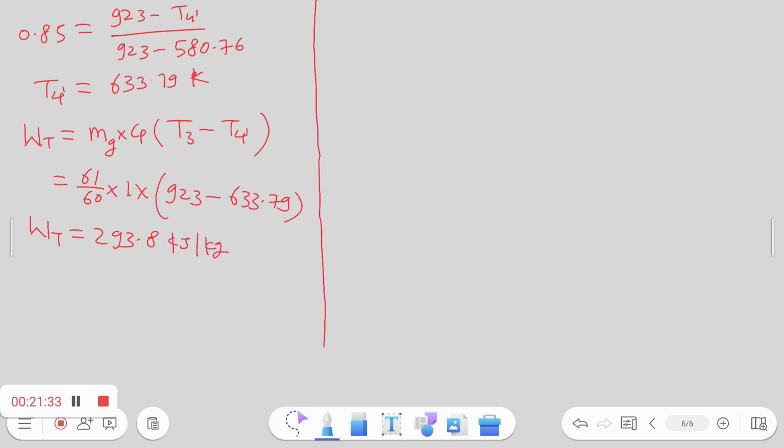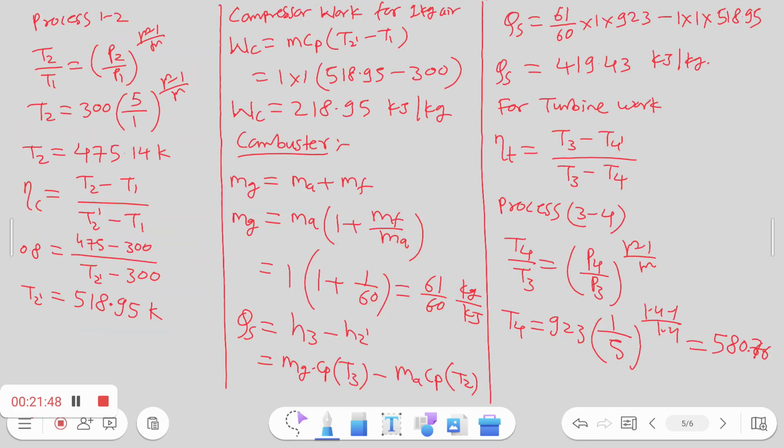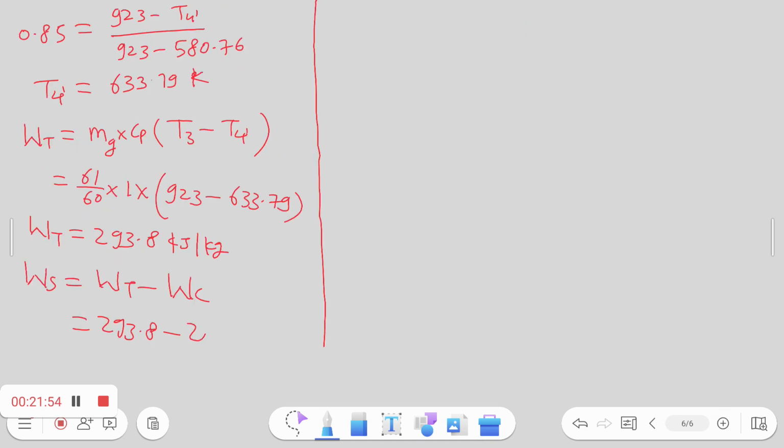kJ per kg. So shaft work is equal to turbine work minus compressor work. That will come 293.8 minus compressor work. How much is compressor work? 118.95.